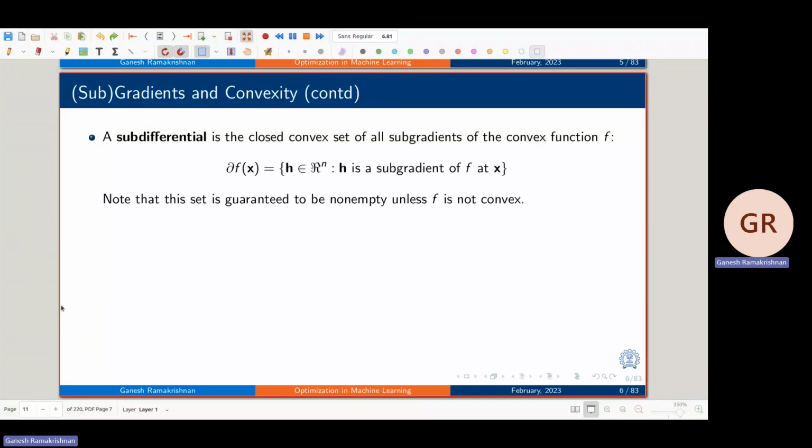Okay, F is the max of F1 and F2. So now imagine I put in an F1 here, at a point X. Let's say this is the point X. Hx for F1, Hx for F2.